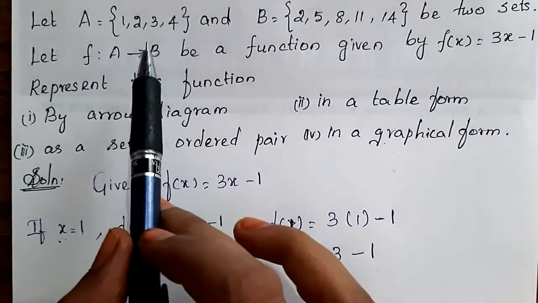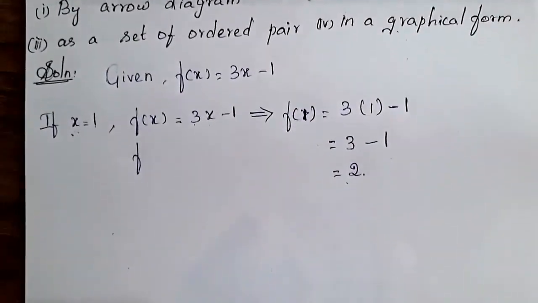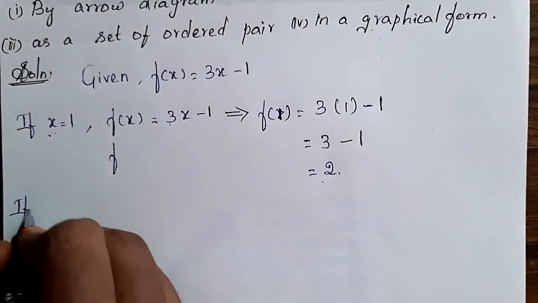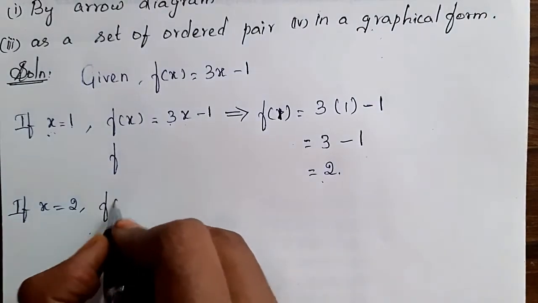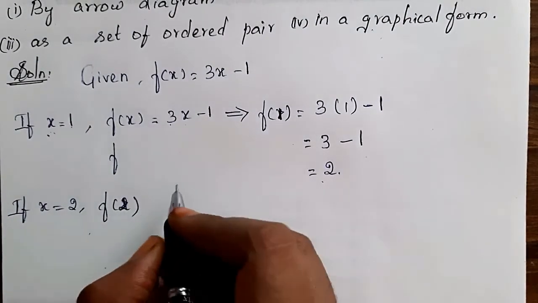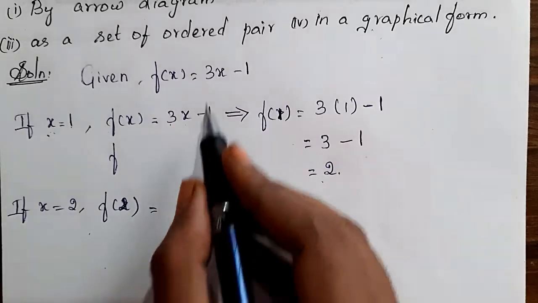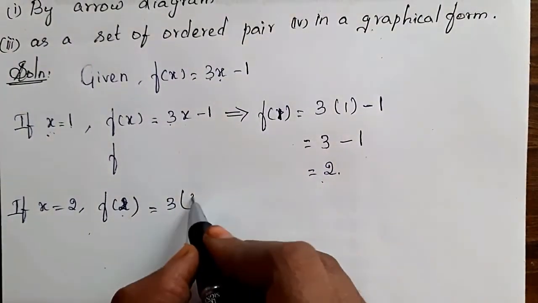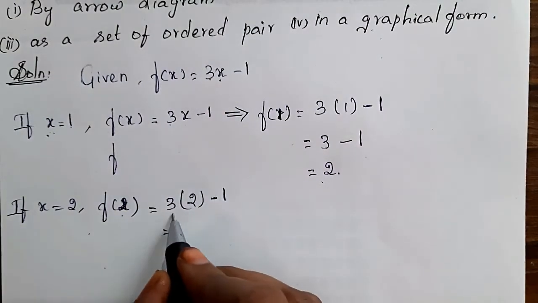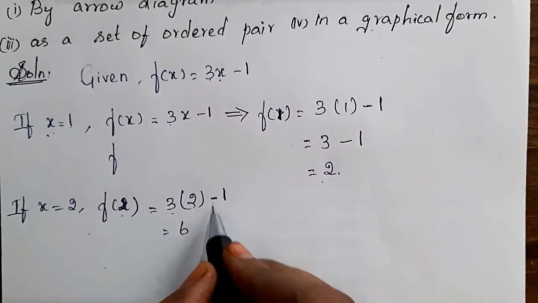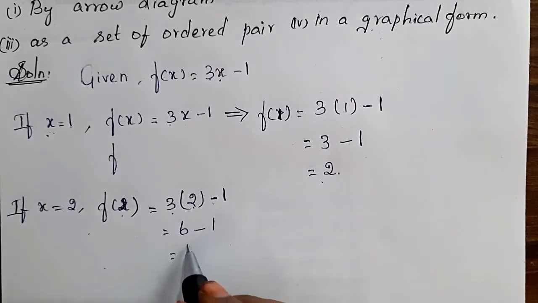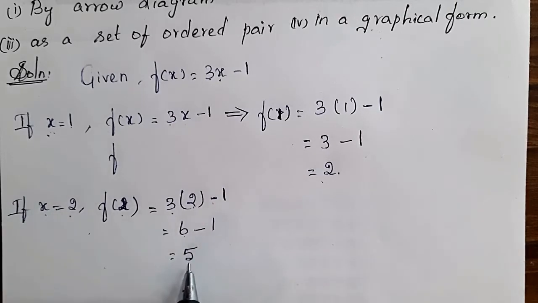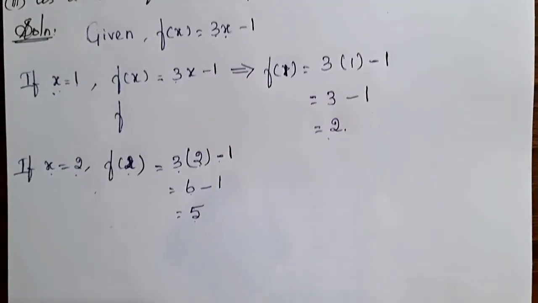Next, x value is 2. If x equal to 2, f of 2 equals 3 into 2 minus 1. So 3 into 2 is 6, then minus 1, 6 minus 1 is 5. So if x is 2, your f of x value is 5.